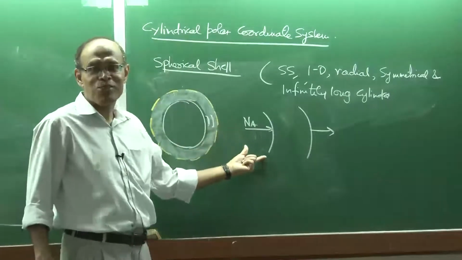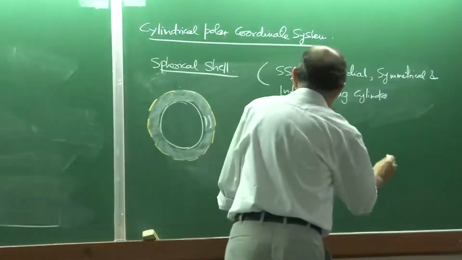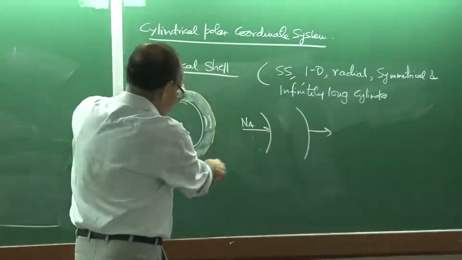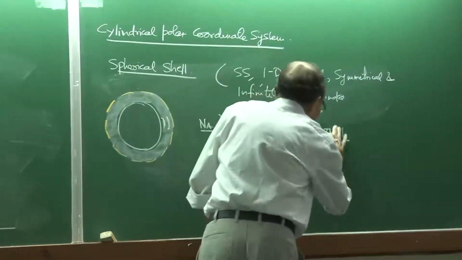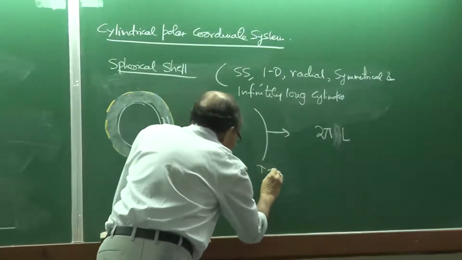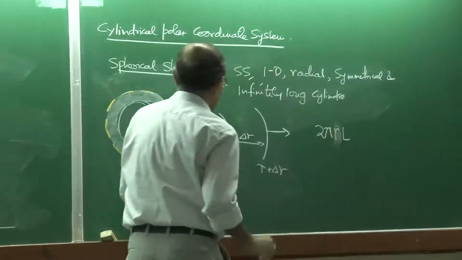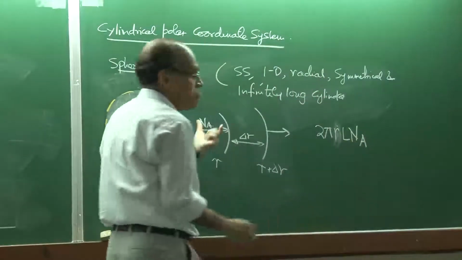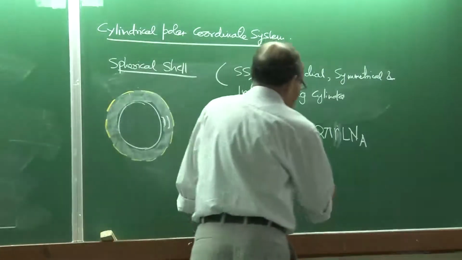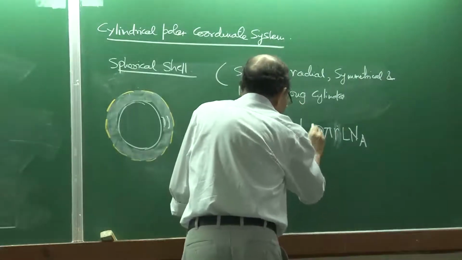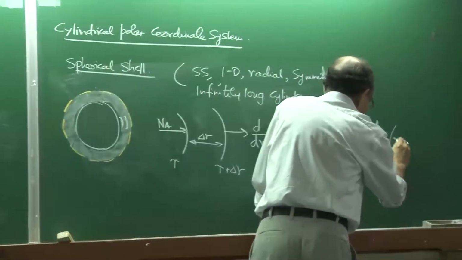So we can do the same kind of mass balance I have illustrated in the context of a spherical geometry, and then we can write that the surface area here is 2 pi R multiplied by L. So 2 pi RL, and we will say that it is at a distance of R, and it is at a distance of R plus delta R, and the thickness here we are talking about is delta R. 2 pi RL into Na, and if you do the standard exercise, input minus output, steady state problem, so input is equal to output, do linearization, then we will see that this gives us R Na.